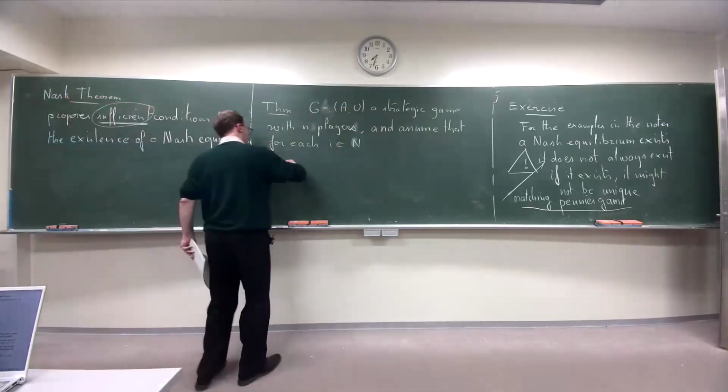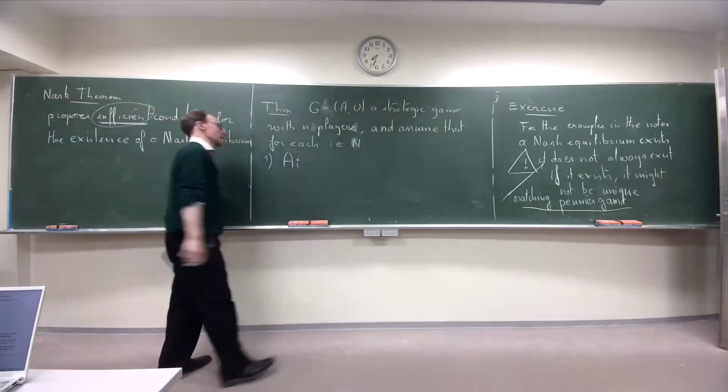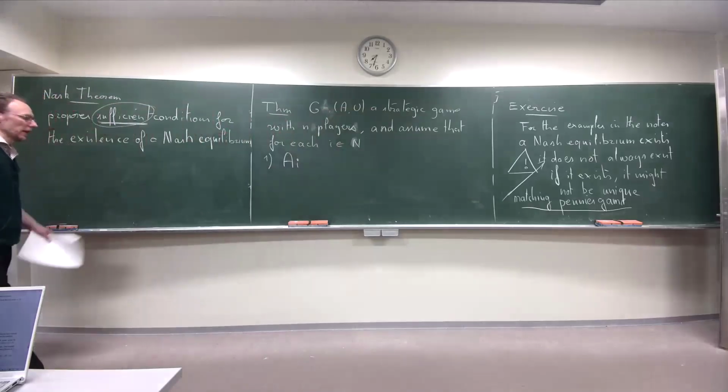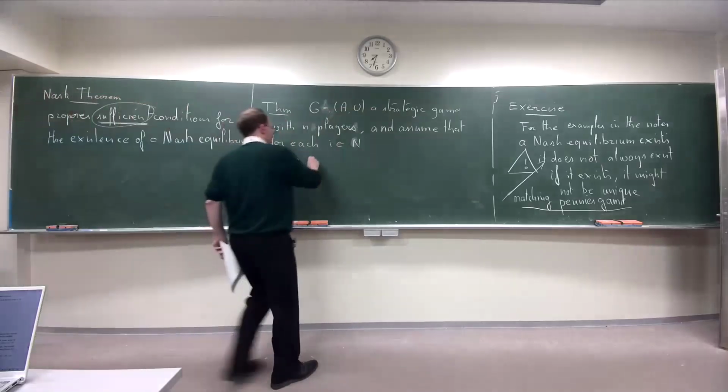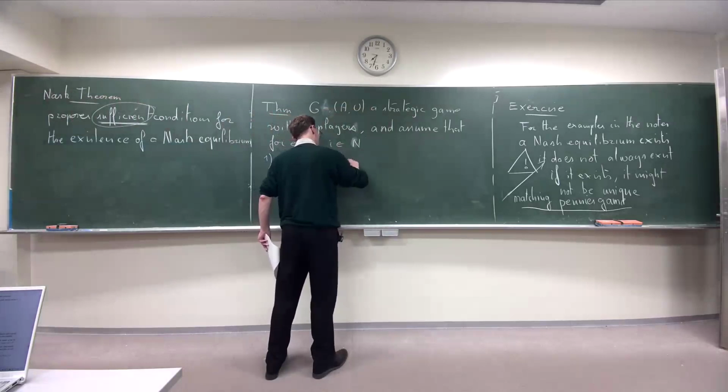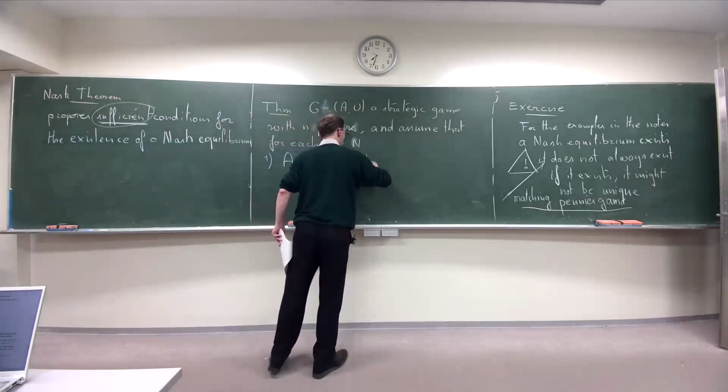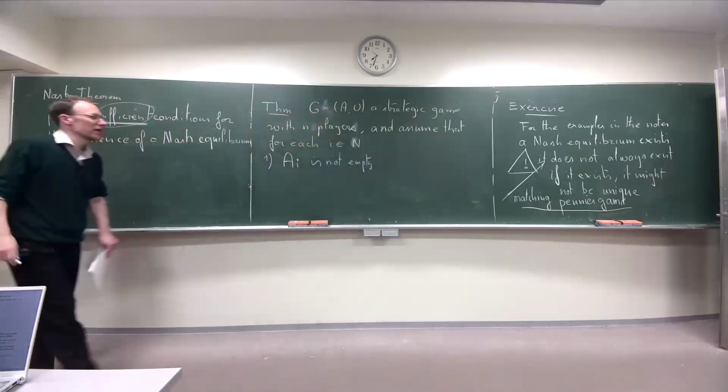The set Ai, which is the set of strategies of agent i, is not empty. Of course, I don't want to have the empty set, which means no strategy for agent i.